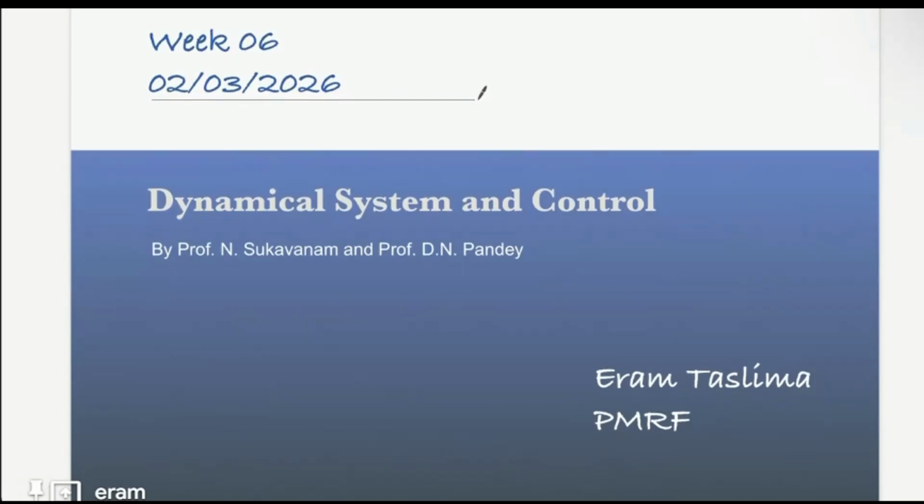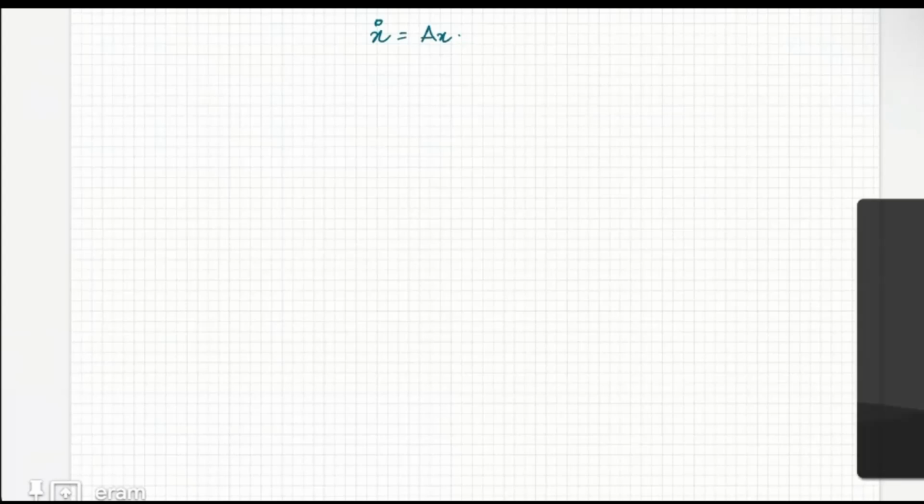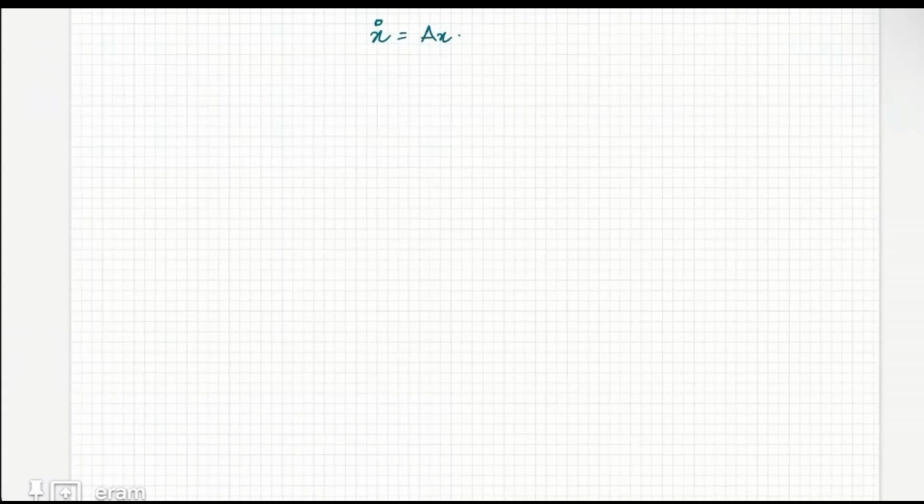So we'll start by revising the concepts that have been covered in the previous week. In the previous problem solving session, we went through the qualitative analysis of the solution for a linear autonomous system of the form x dot equals Ax.